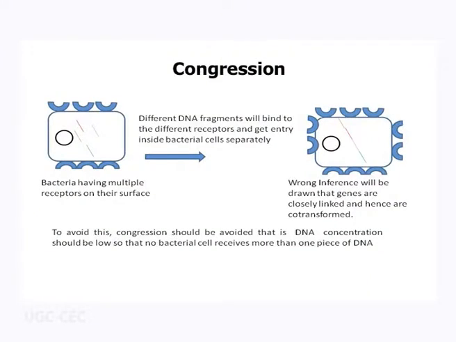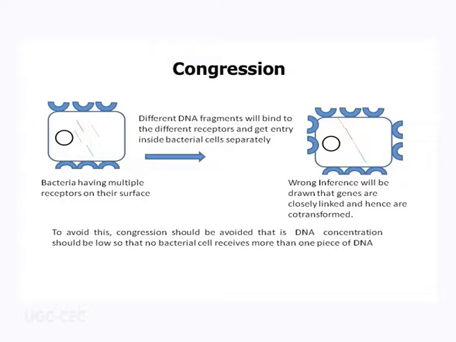But in calculating the gene order on the basis of co-transformation frequency, there exists a problem of congregation. What do you understand by congregation? Congregation basically is that a bacterium has almost 20 receptors on its cell surface through which foreign DNA can get entry by natural transformation.